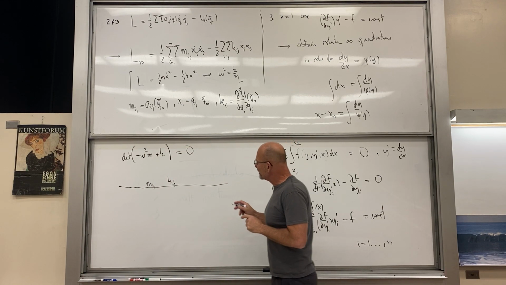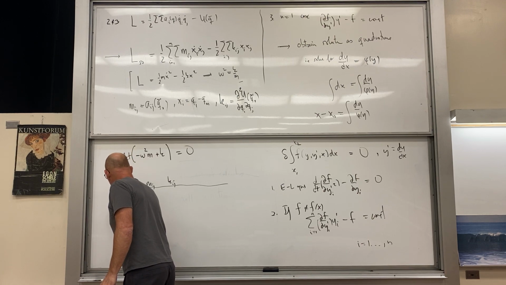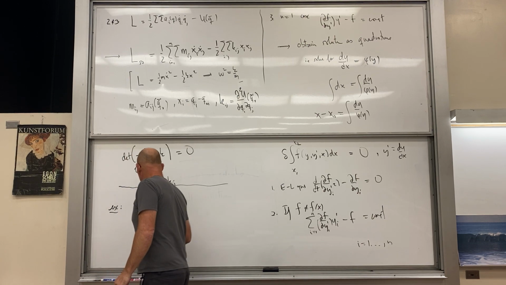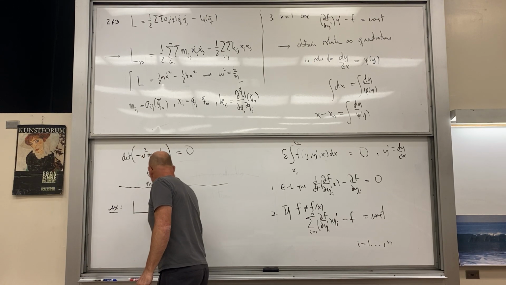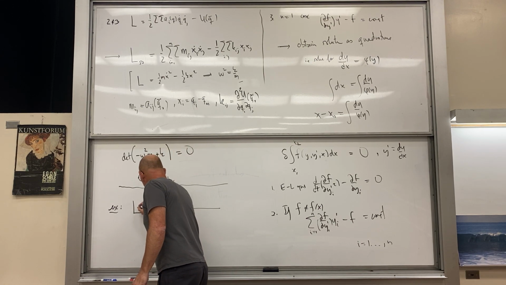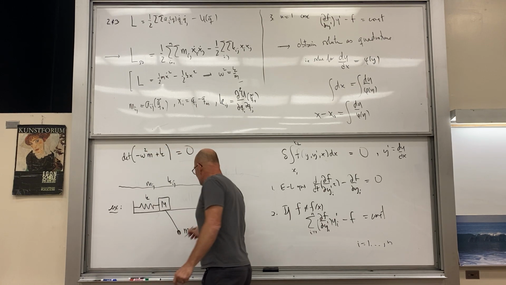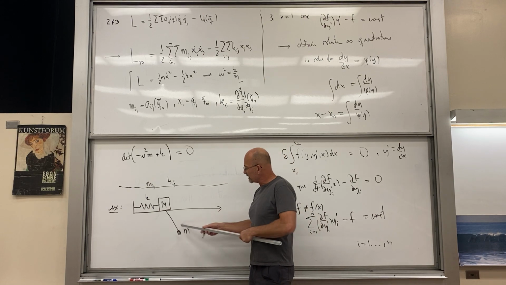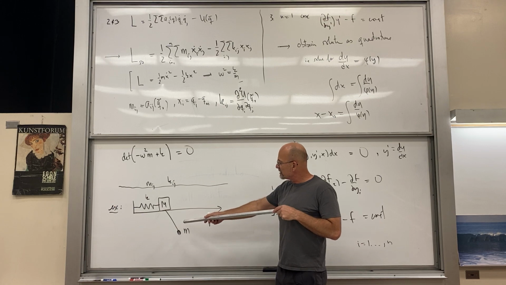So we have to be able to do this kind of construction here. This example is really one of the best. You've got a mass. This mass, without the pendulum hanging from it, would just be your simple harmonic oscillator. It has a pendulum hanging from it.